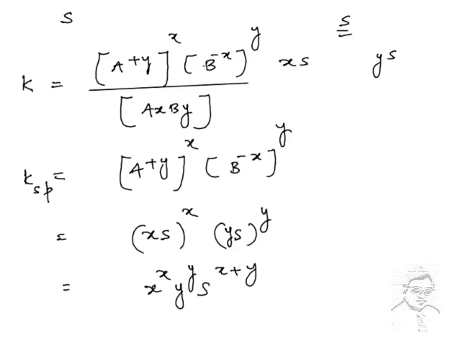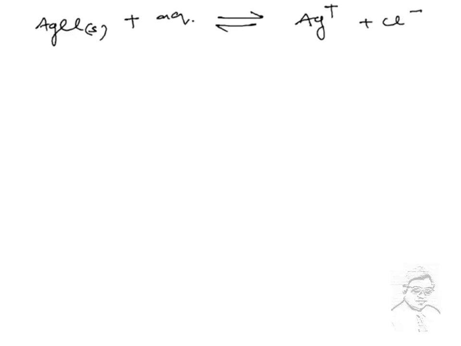Fine. Here is the illustration for AgCl. So take some AgCl, try to dissolve it in water. Some part will dissolve, and that part which dissolves ionizes also, giving you Ag plus and Cl minus ions which are present in the solution.